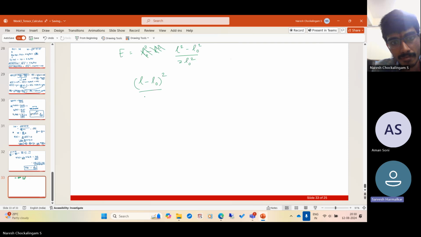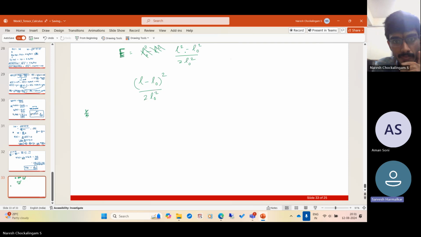Maybe it was a typo. This is green Lagrange strain: the difference in squared lengths divided by 2 times the original square length.